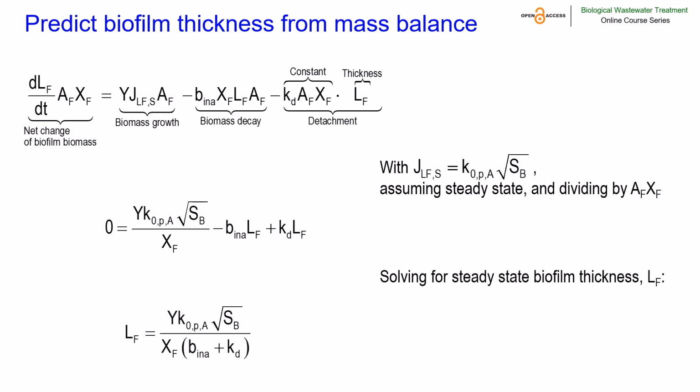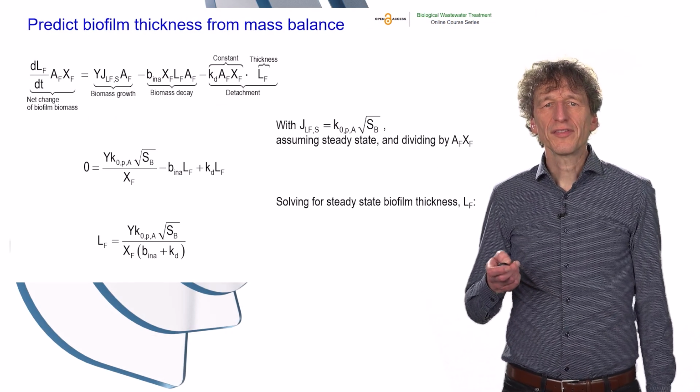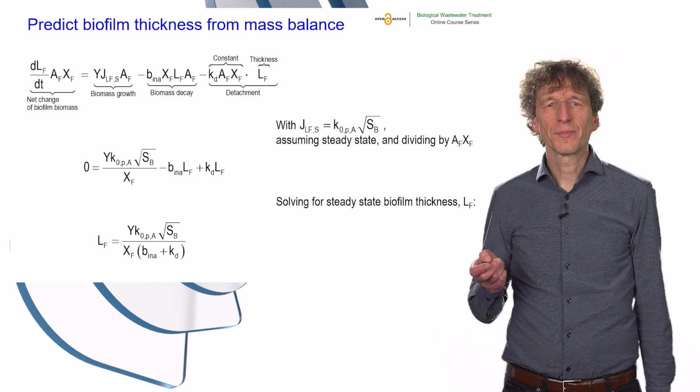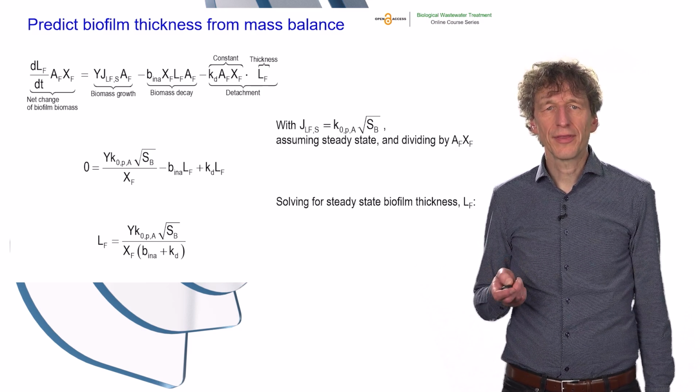Next, we rearrange this equation to get an explicit equation for the biofilm thickness. We see that the biofilm thickness increases with increasing substrate utilization rate and increased bulk phase substrate concentrations. And the biofilm thickness decreases with increasing decay and detachment rates. This makes sense. This result is very plausible and allows to predict biofilm thickness.